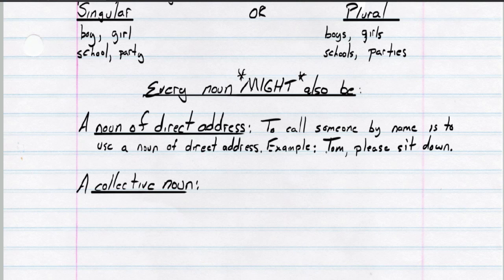Okay, in this sentence, Tom will be the noun of direct address. Tom, please sit down. You might also make the connection before we go on to collective nouns that a noun of direct address is always going to be either common or proper. Proper, right. It's going to be proper. So let's go on to collective nouns.